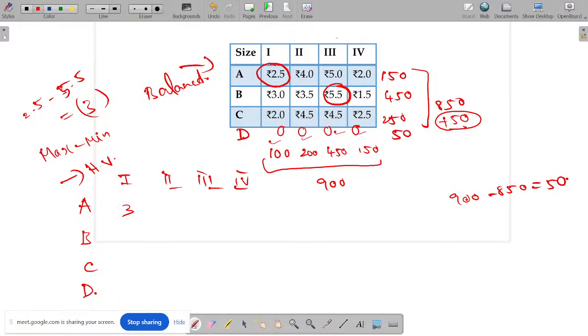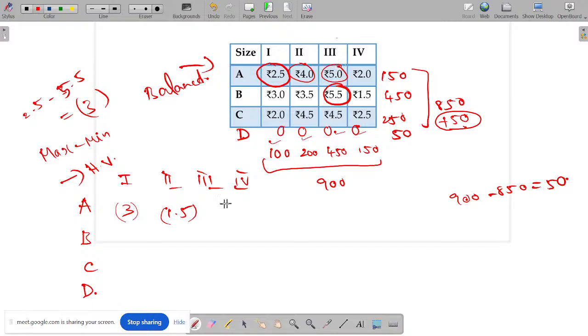If you want to write it as negative 3, you can, it's understood. Then 4 and 5.5, which is 1.5. You can write it in negative, or else just have the positive values and write it as a cost table.